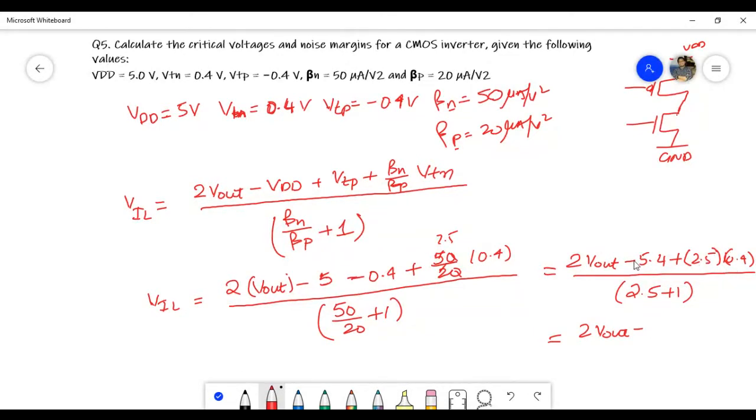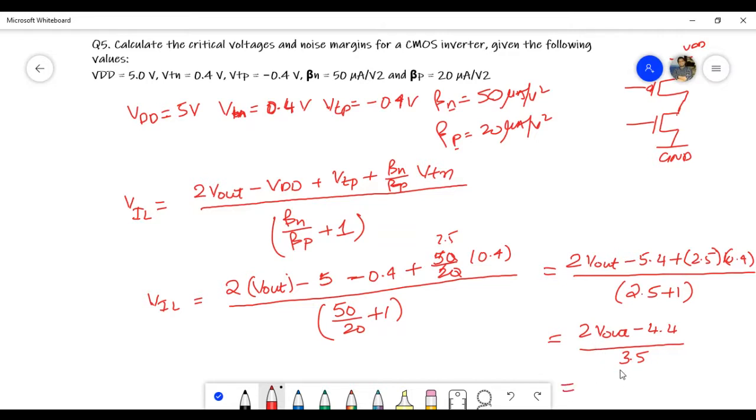Okay, 1 minus 5.4 will be how much? So it will be 4.4 by 3.5. Okay.